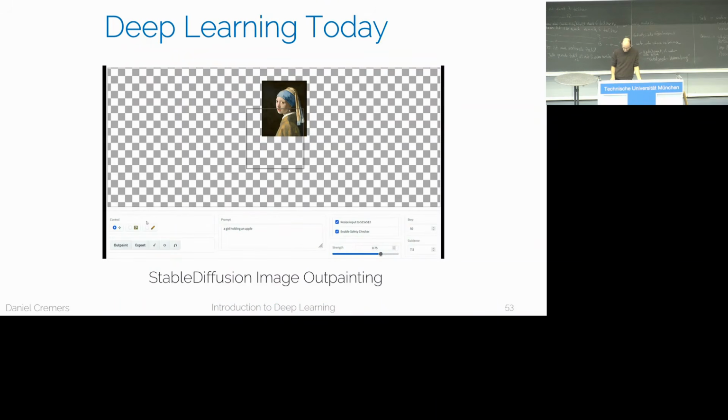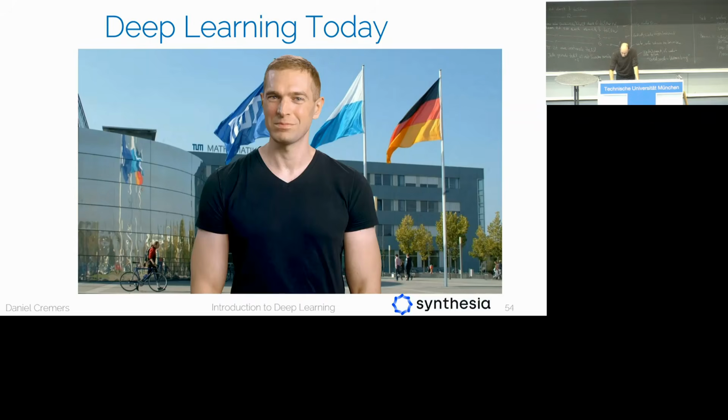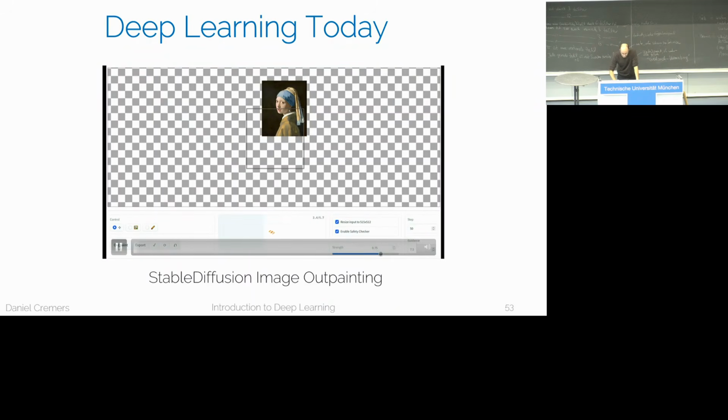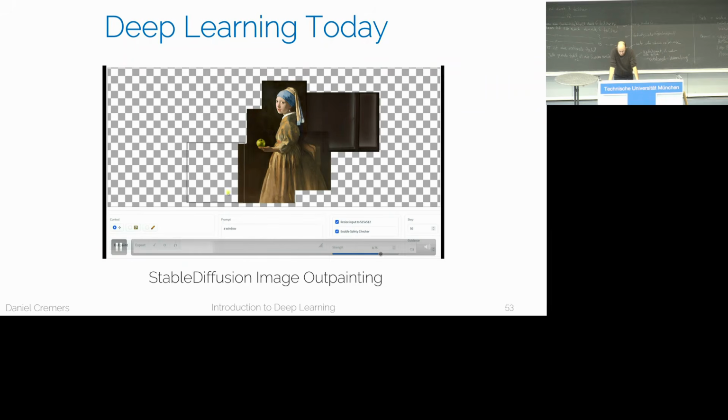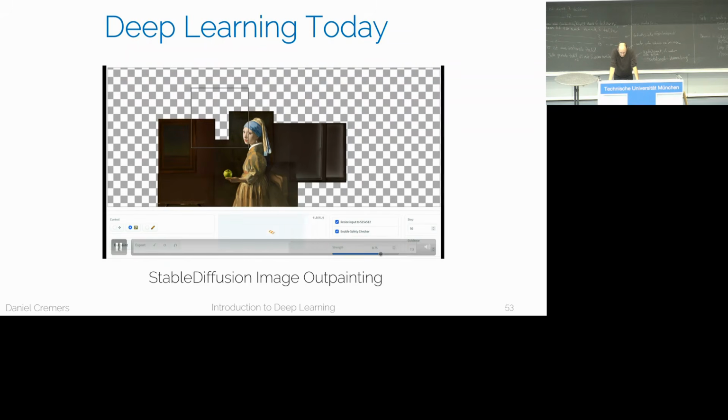You can do inpainting and outpainting. You can start with an image and then you can use Stable Diffusion, for example, to say here, generate an apple in the hand, generate something here with that, and you can expand the image and it will synthesize a table. Now you'd say this table doesn't fit style-wise with the lady, right?